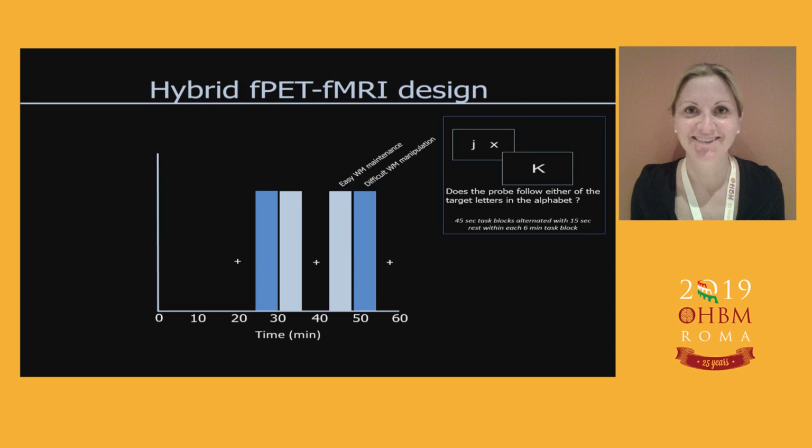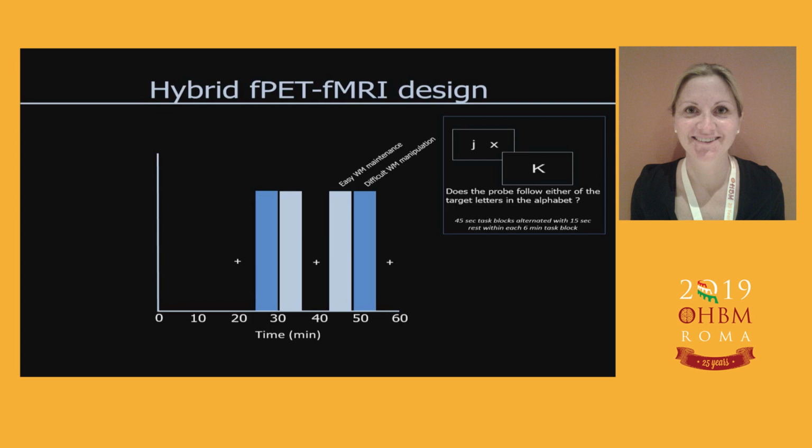So the participant is required to maintain, but also manipulate stimuli in working memory. For the easy working memory maintenance condition, the participant was required to just maintain letters and not do the manipulation.